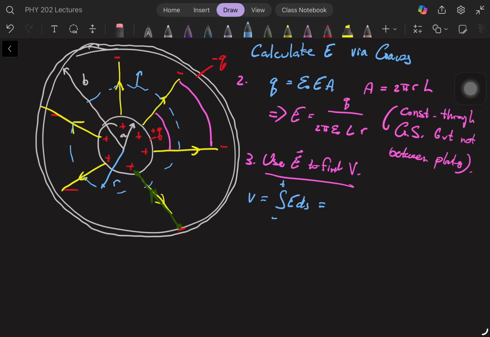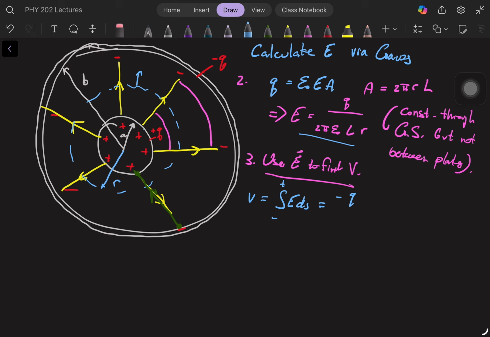And so E, we have this value here. I guess we need our minus sign. Do we? No, not yet. And so, let's see. The E ds is going to give us the negative sign.